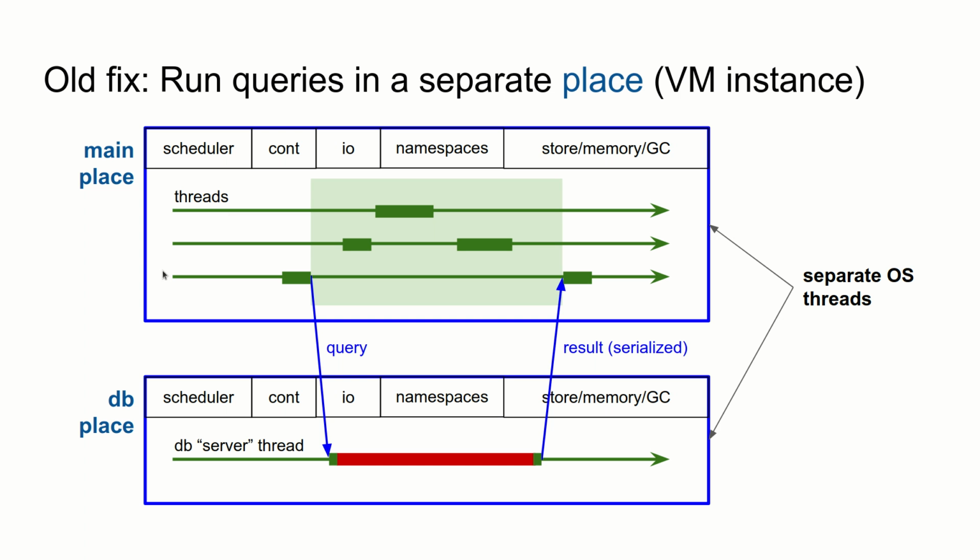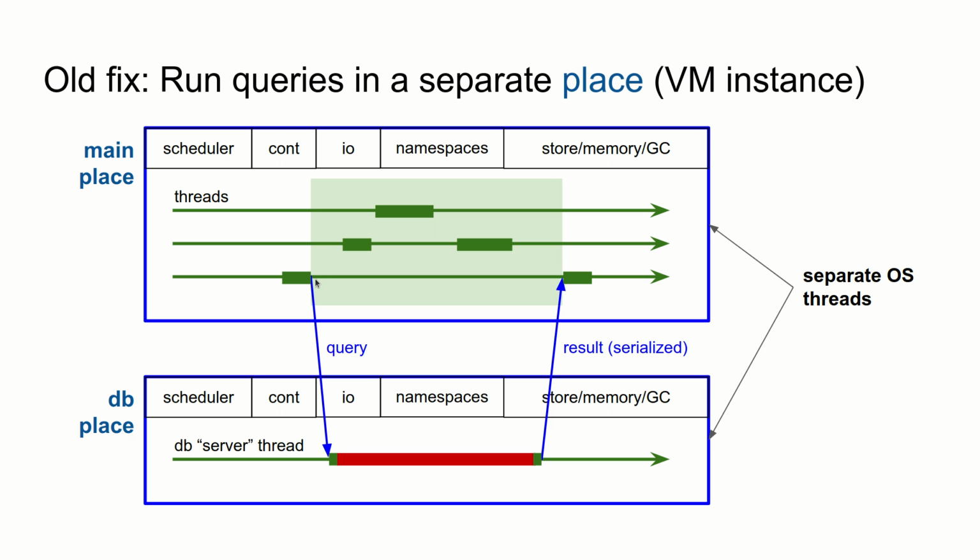When we use the place fix for this issue, the original place will have a proxy database connection. When we perform a query, it sends the query over to the other place, the database place, and runs the query in that place.